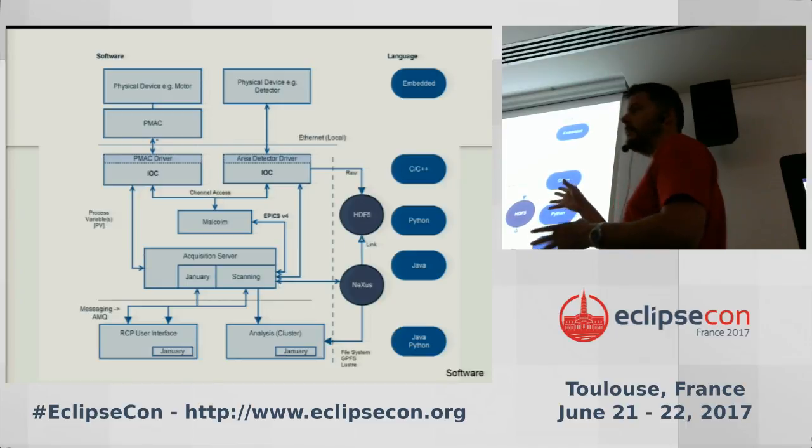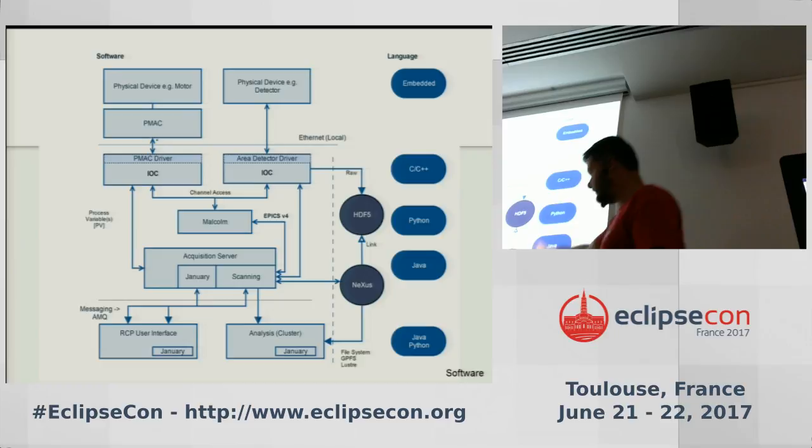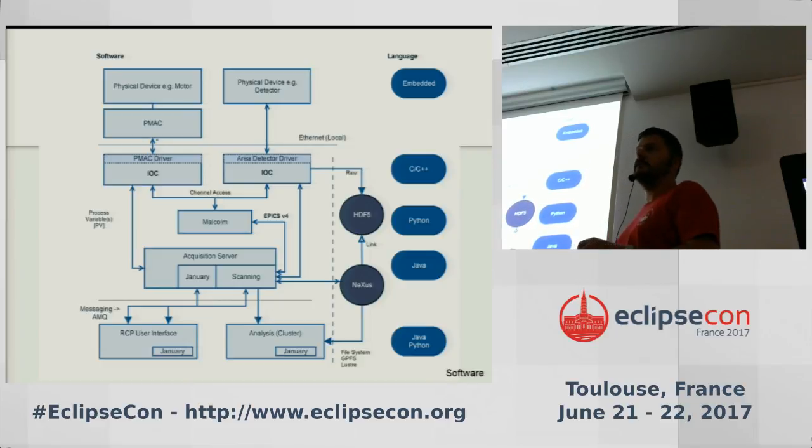This talk is going to be about how we migrated it to OSGi. And then there's a front end, as I say, written in RCP. And you can see that Eclipse January features in our analysis, which is running on the cluster. It features in our user interface. It's a way of describing our data for slicing and dicing. We use Eclipse January also on the acquisition server. So it's a core technology that we've adopted from Eclipse.